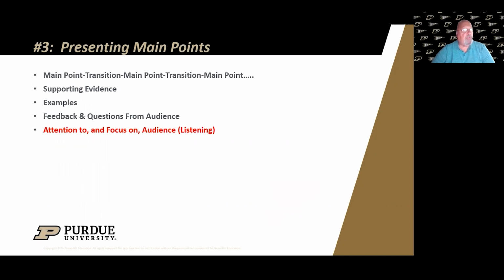Main point, transition, main point, transition. This is just a technique of bouncing back and forth between one item, then a transition discussion, and another item. What this does is help alleviate some anxiety for the learners in that regard. Where possible, give supporting evidence.